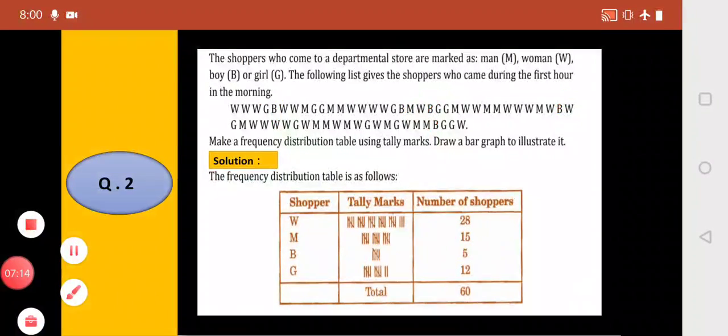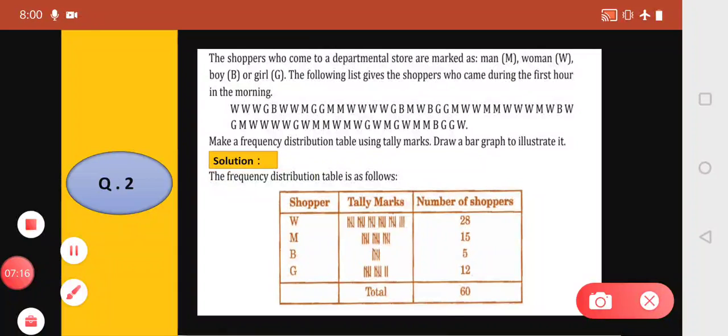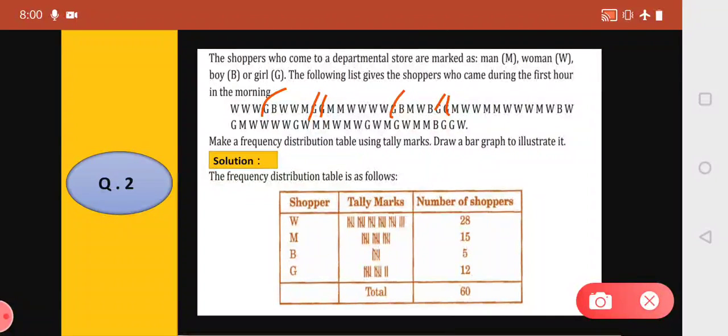Let's check for girls. So for girls, again 1, 2, 3, 4, 5, 6, 7, 8, 9, 10, 11 and 12. Yes, total 12 girls visited the departmental store. So again we will make a group of 5, 5 and 2 vertical lines, and the frequency is given as 12.